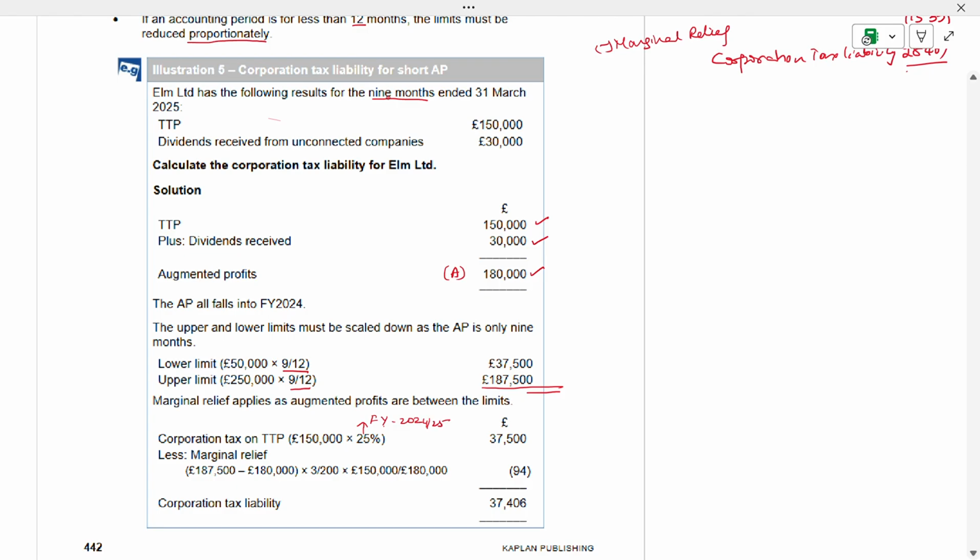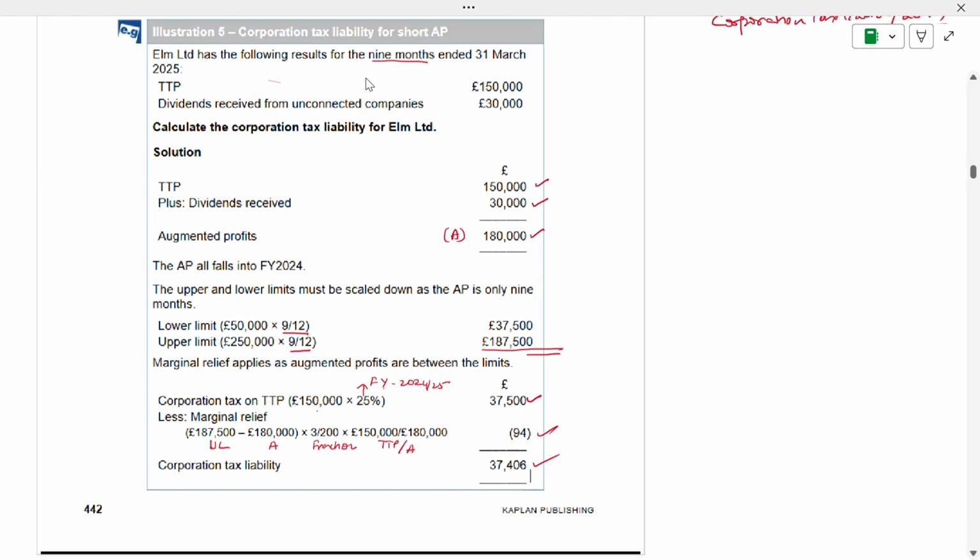Now, corporation tax is how much? We should know which year it is connected to. You should put a timeline of which financial year. It is going to be 25% because it is in the year 2024-25. So we calculate 25% on 150, which is 37,000.